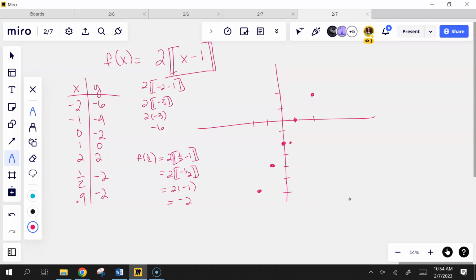So in fact, what's happening is until I get here, this is where it's making the jump. And then from each integer on, this is where it's making the jump. Once you have the pattern, plug in points. You only have like 2 or 3.